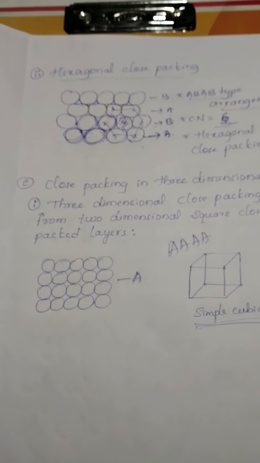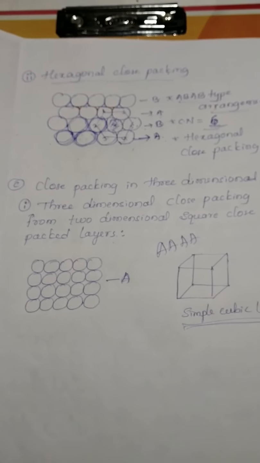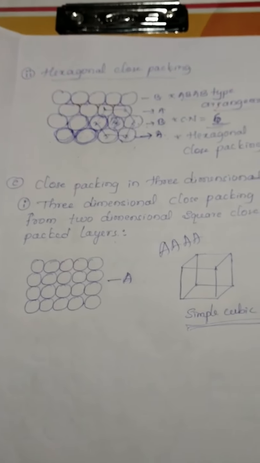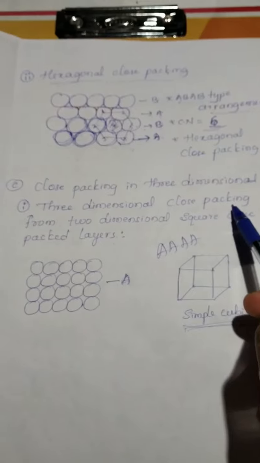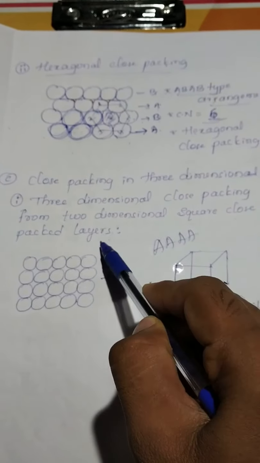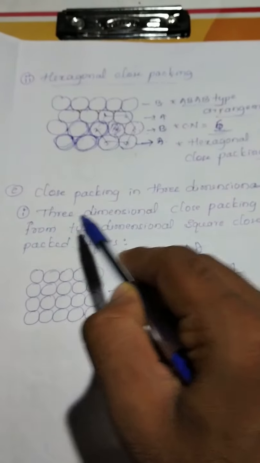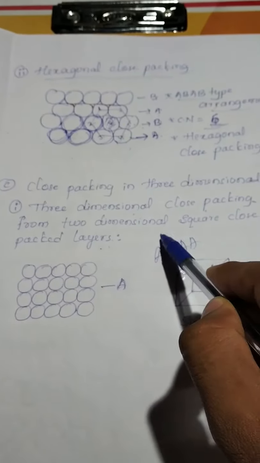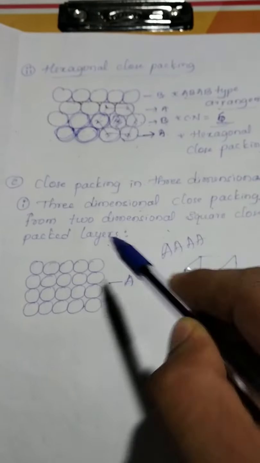In three-dimensional close packing also there are two possibilities. One is three-dimensional close packing from two-dimensional square close packed layers. Once again, I'll repeat, three-dimensional close packing from two-dimensional square close packed layers.